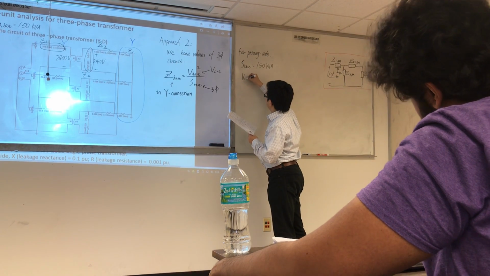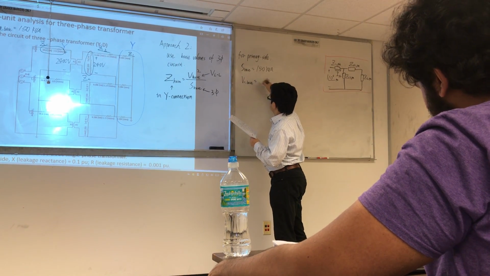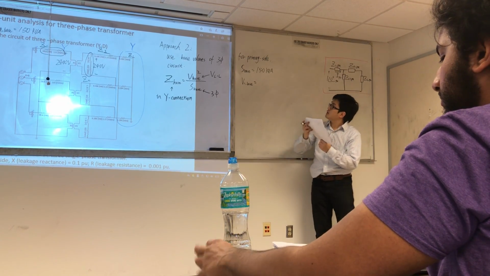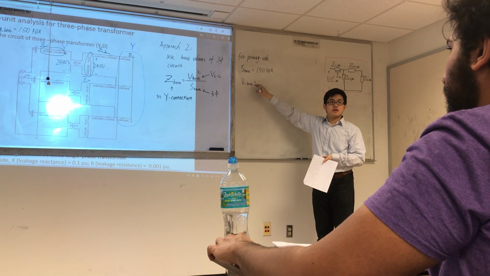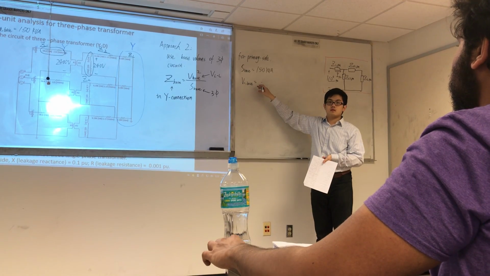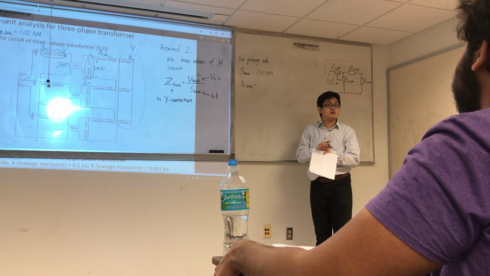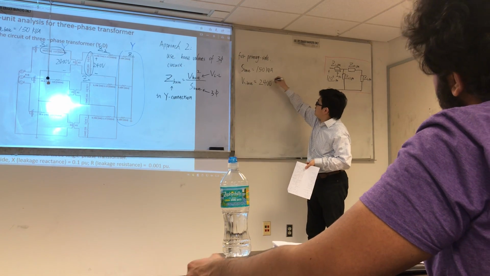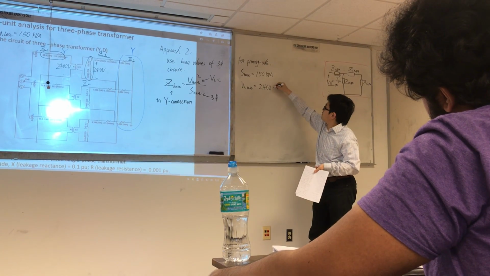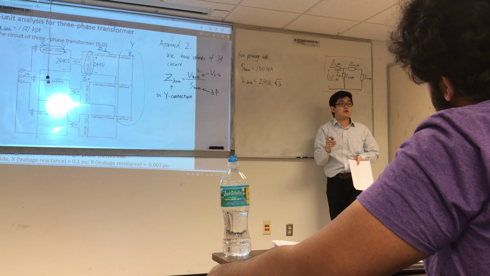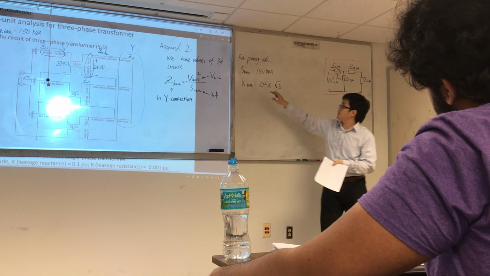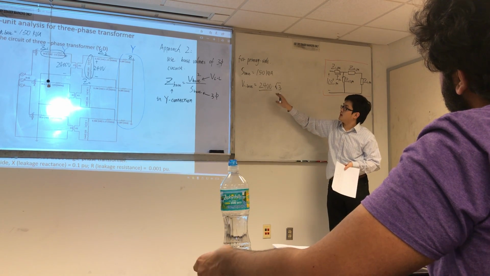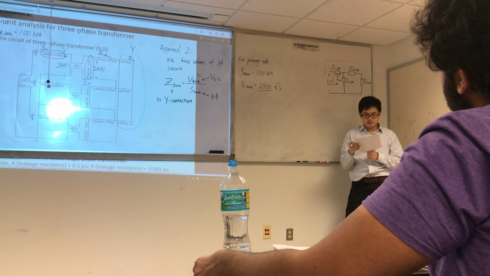So what's your V1 base? Do you guys know what's the value here? It's a line-to-line voltage, so it should be 2400 times square root 3. Because this value is your phase voltage, but you need to convert it to line-to-line voltage, so times square root 3.